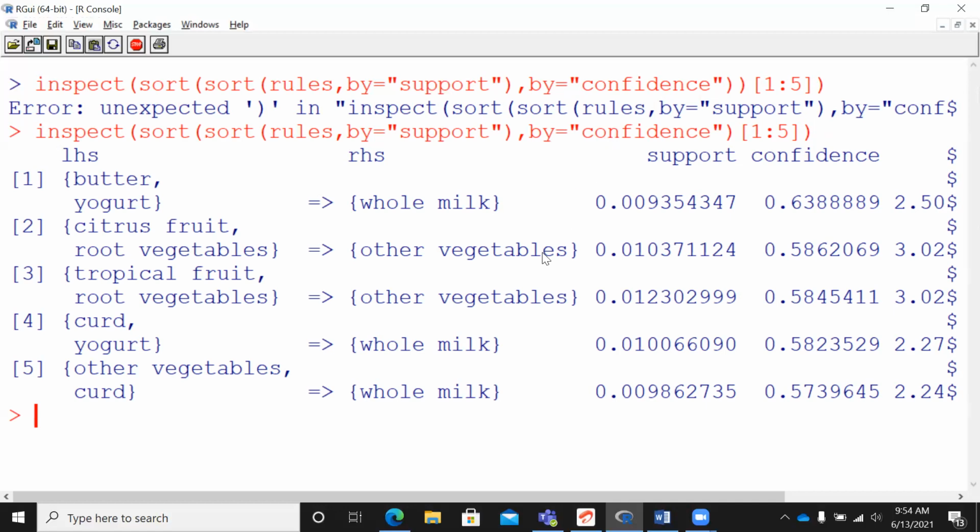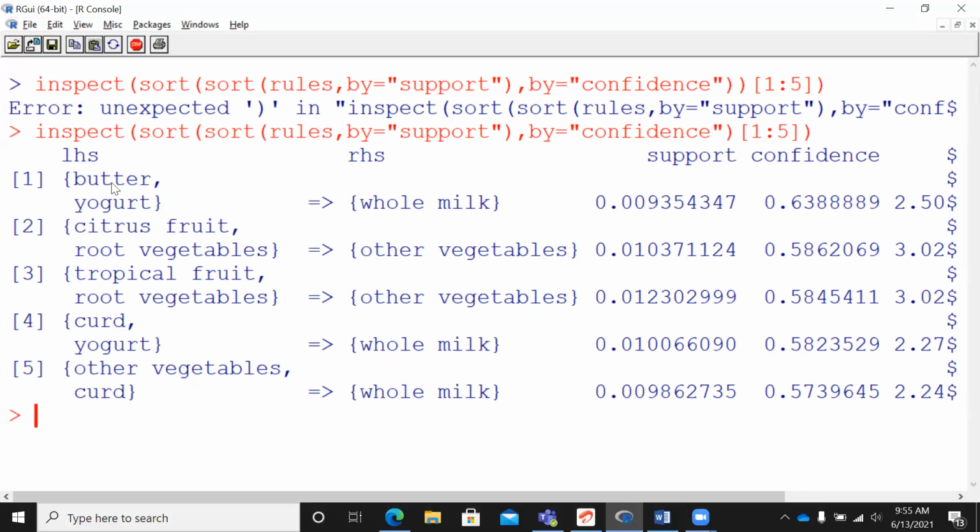What you see is very, very interesting here. It shows which all items can be cross-sold with the whole milk. You see curds and yogurt appear here, right? I don't think curds and yogurt were present earlier. Now, what you see is if a person buys curd or yogurt, again, you can cross-sell whole milk to him.